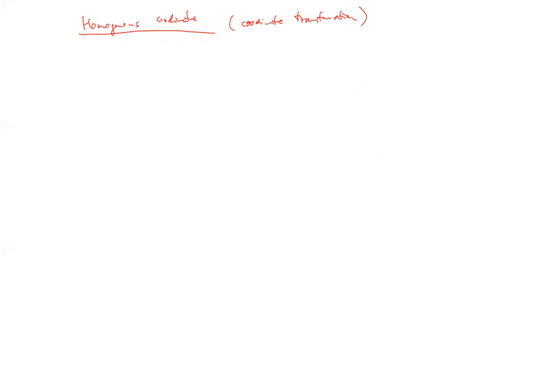Think of an image. An image is made up of pixels here, right? This is the x and y coordinate. Maybe you have 100 by 100 pixels.